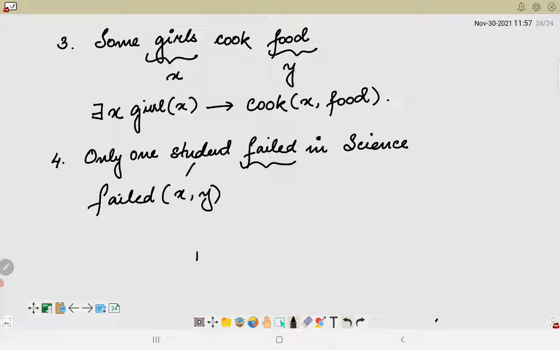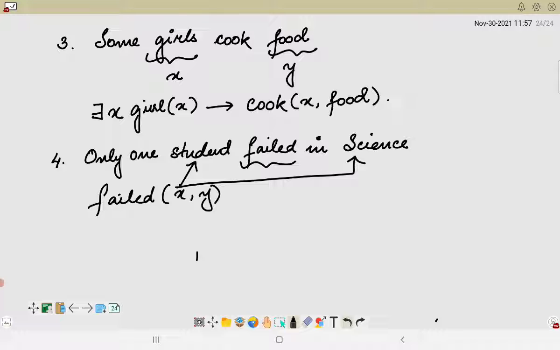Now X basically is the student and Y is the subject. Now there is only one student who failed in one subject. Okay, so this is also selective criteria about the student, that is only one instance of the student fail in just one instance of the subject, not all the subjects, right?